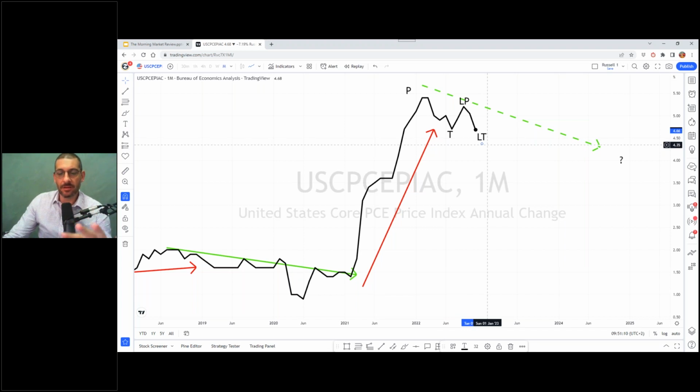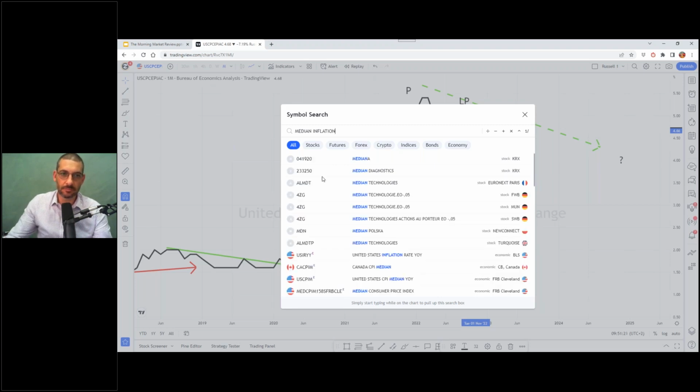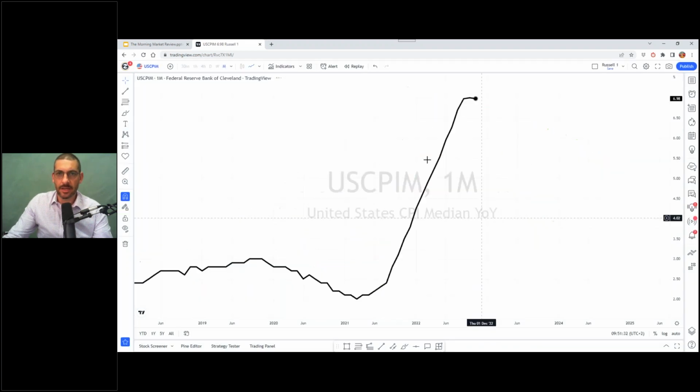Right. The final, and I think the most important of all of the inflation measures, is what we call median. Okay, so let's bring that up. Median inflation. It's this one over here. All right.